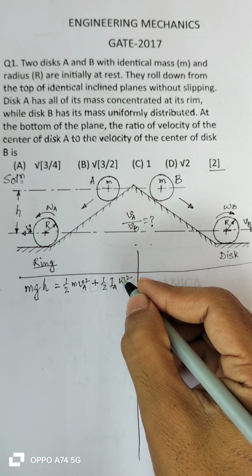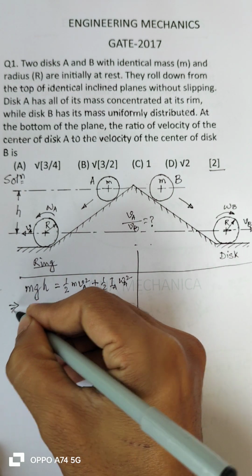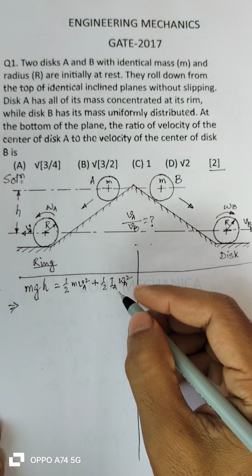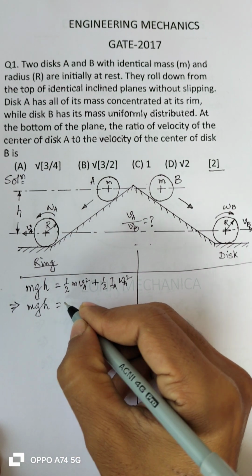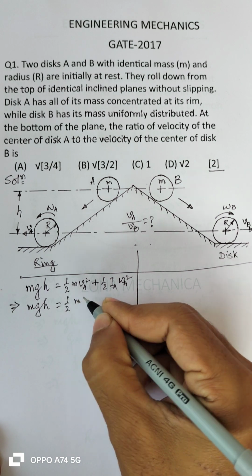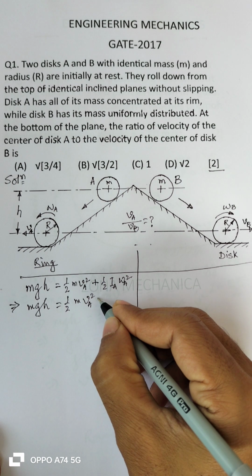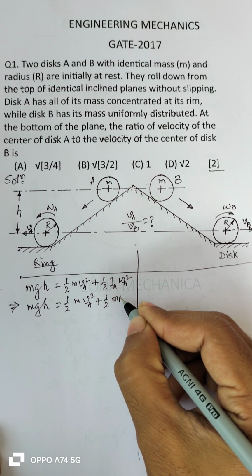This is due to the circular motion. Where IA is the mass moment of inertia for rim, this is equal to m into r square.